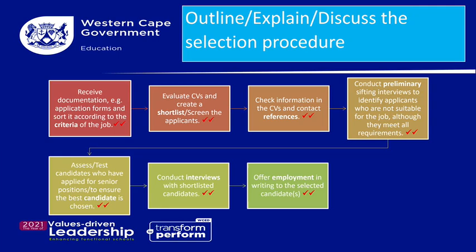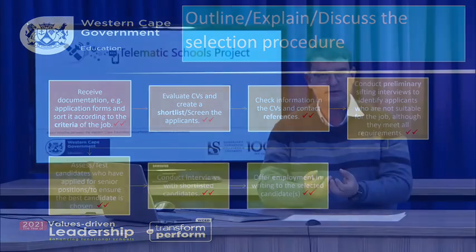Right, then I need to evaluate CVs. Now guys, when I evaluate, I look at positives and negatives and I weigh up specific candidates against each other. That is how I evaluate what value each candidate will add so that I can choose the best one. Okay, we also call that screening.